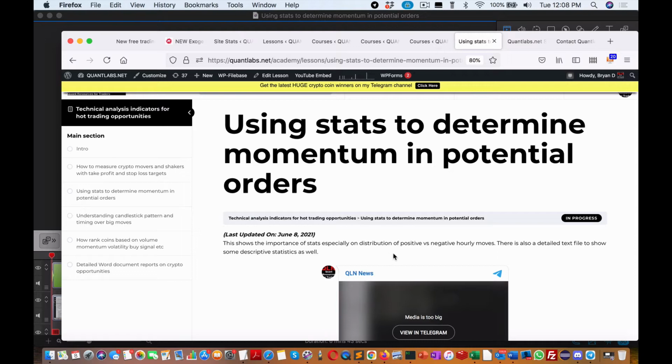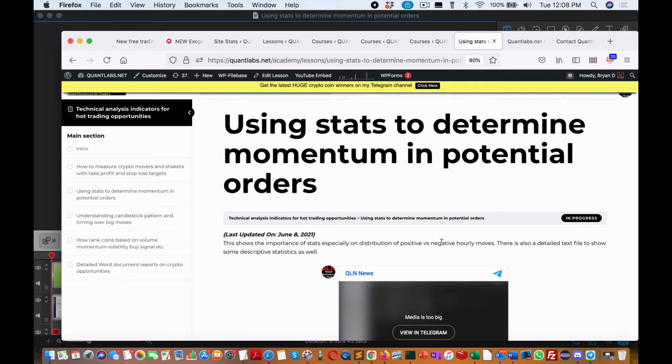Professional traders will use stats as a way to measure momentum in a particular asset, instrument, whatever you want to call it. They'll use descriptive stats like kurtosis and all that.